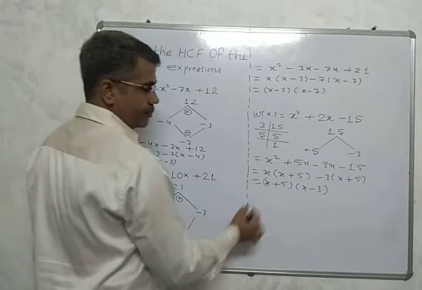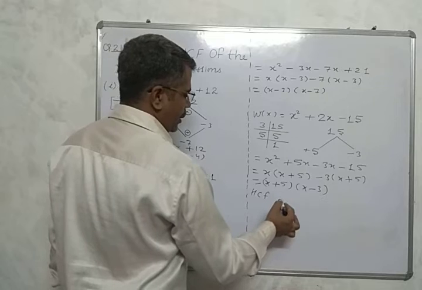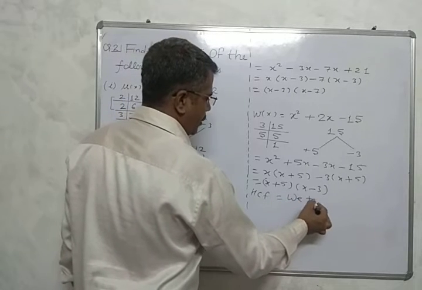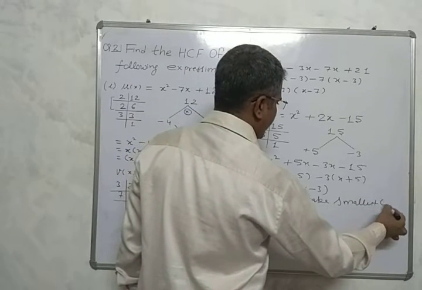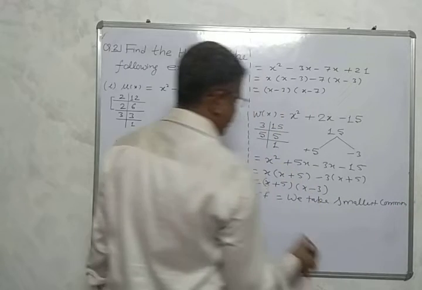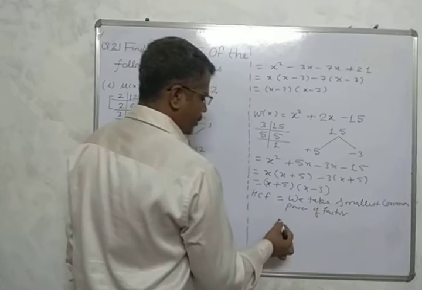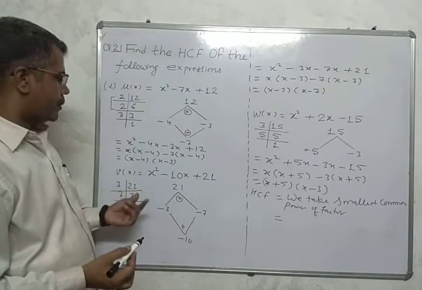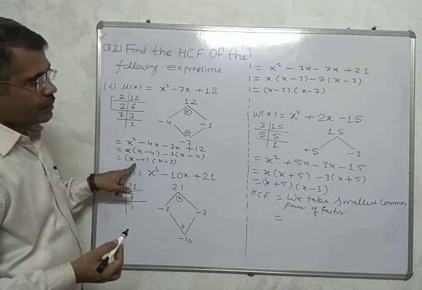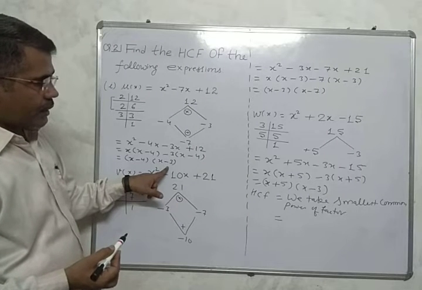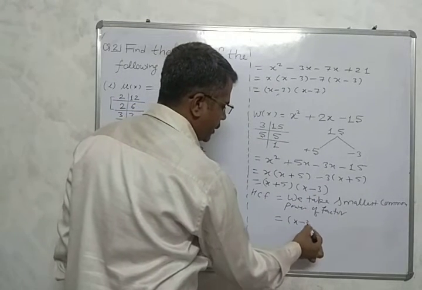We find the HCF. We know that we take the smallest common power of factors. So for the HCF of the given algebraic expressions, here x minus 4 is not common, x minus 3 and x minus 3 is common, so we write x minus 3.